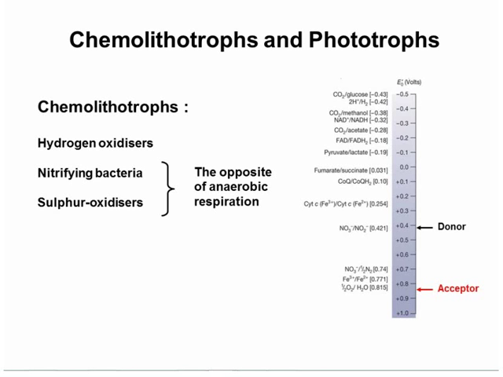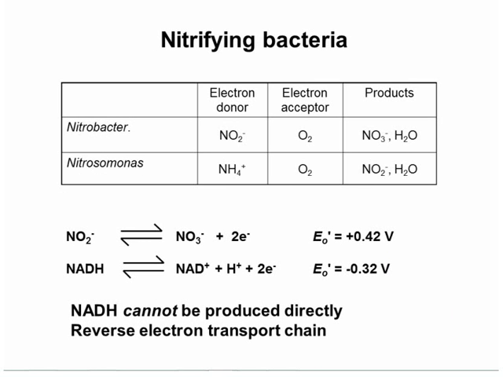Oxygen is even better as an electron acceptor. So nitrite can be an electron donor if the electrons are going to go to oxygen at the end, because you still have the gap here. However, you can't directly transfer these electrons onto NADH because the redox potentials are the wrong way round. So what is going to have to happen here?